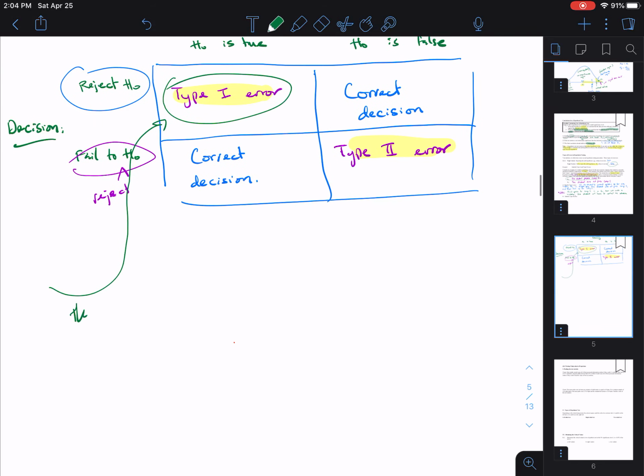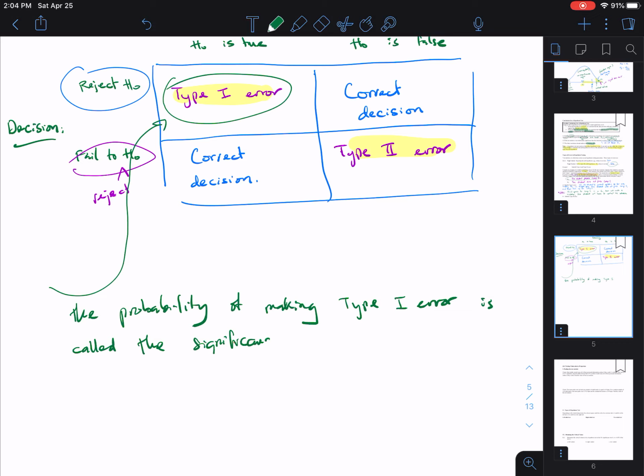The probability of making a type 1 error is called the significance level, which we already know is alpha. So we can control alpha, we can assign a value for alpha.